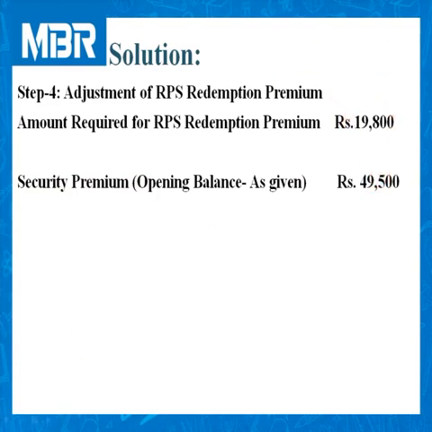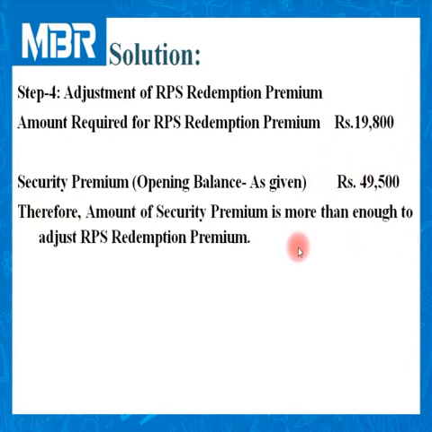We need only 19,800 and we have 49,500. So amount of security premium is more than enough to adjust RPS redemption premium. So we are not looking forward any other source for adjustment.